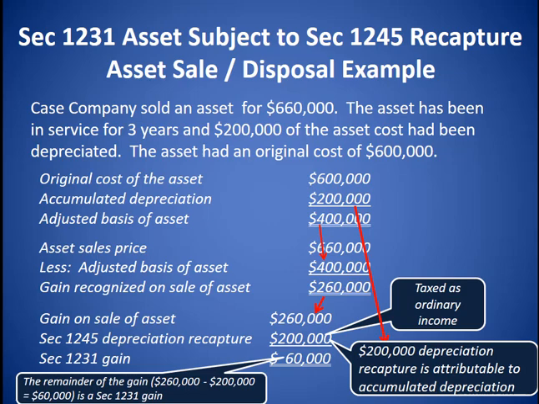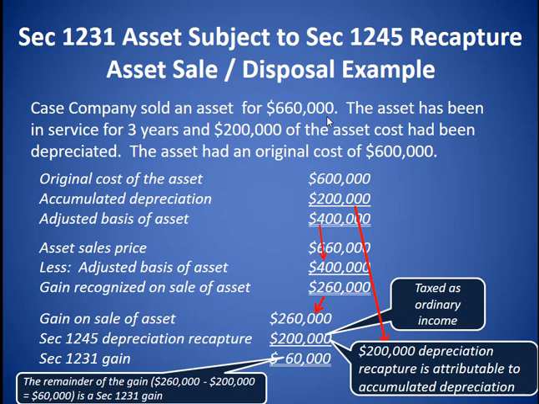In this next slide, I'm giving you another example where Case Company sells the asset for a gain, and a portion of the gain is a Section 1231 gain. Here we sold the asset for $660,000. The asset had been in service for 3 years, $200,000 of cost had been depreciated, and the asset had an original cost of $600,000.